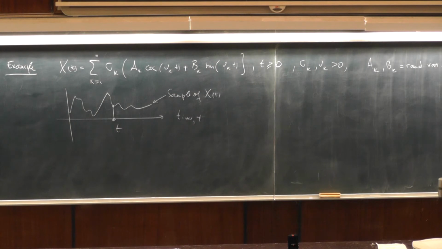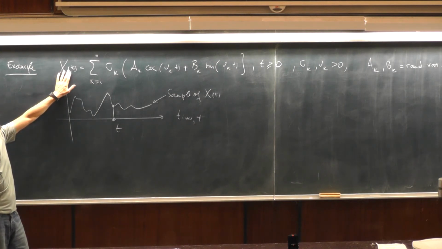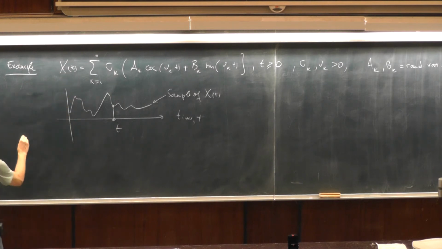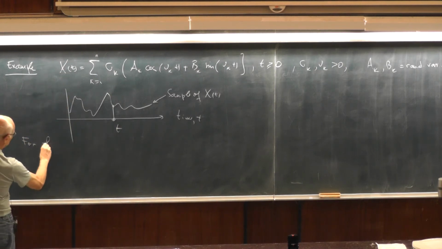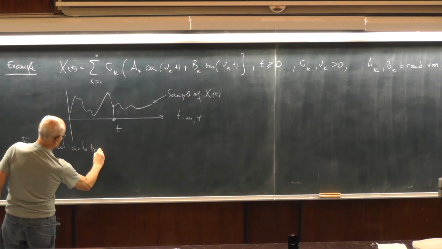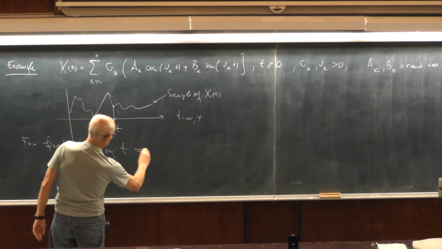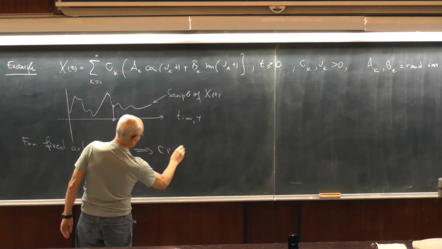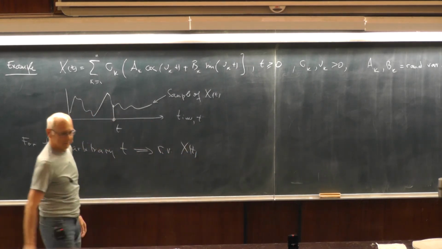So for a fixed, arbitrary t, what I'm getting here is a random variable, which is called x of t, right?